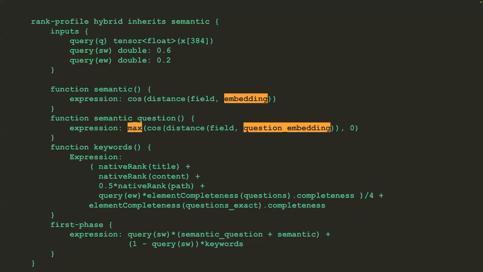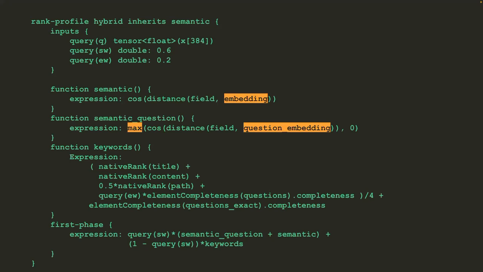So this is a more complex example. This is not the suggestions, but the data itself. And it's just an example of a multi-vector search. So in this case, we are using two embeddings. The query on top of here is referenced in this expression.